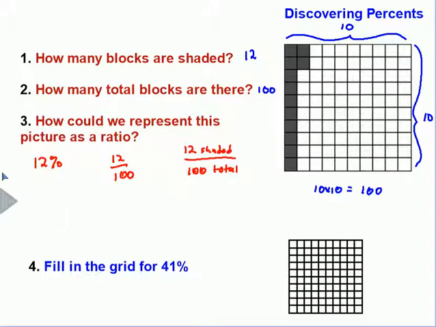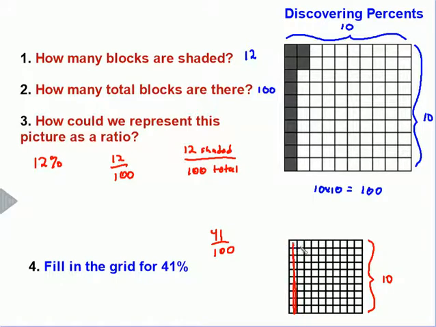Knowing that, let's see what we can come up with for this problem right here. Fill in the grid for 41%. So we know that we're going to have 41 out of every 100 blocks filled. Our ratio is 41 to 100. And we know that each one of these sides here is 10. So we can fill these up pretty easily. 1, 2, 3, 4, 5, 6, 7, 8, 9, 10.